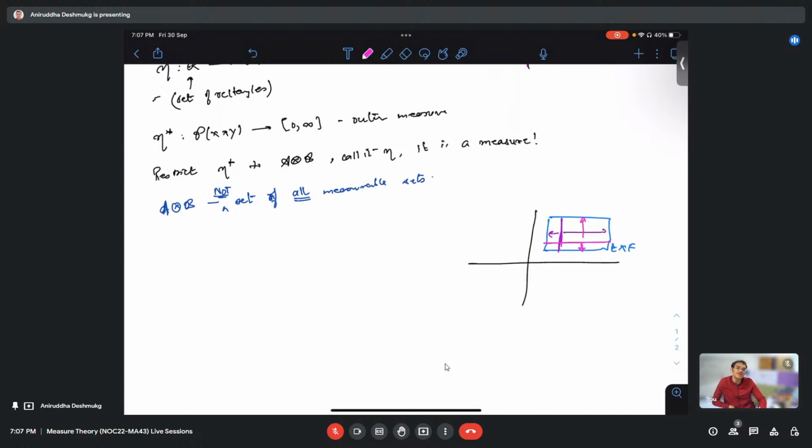The total movement will again give me the area of E cross F. Now intuitively, what is this line? This line is x is equal to some constant. On the other hand, this horizontal line, this is y equal to some constant.